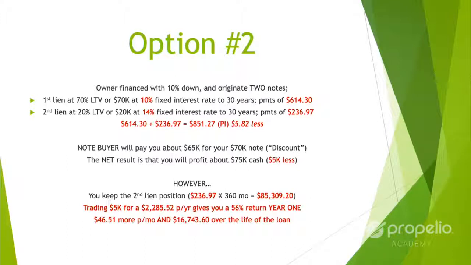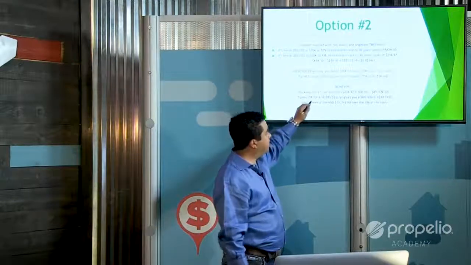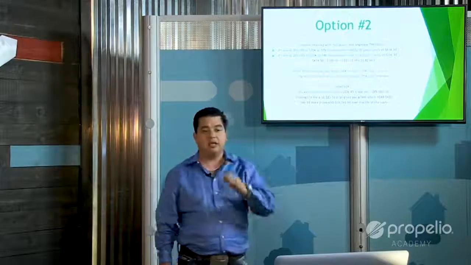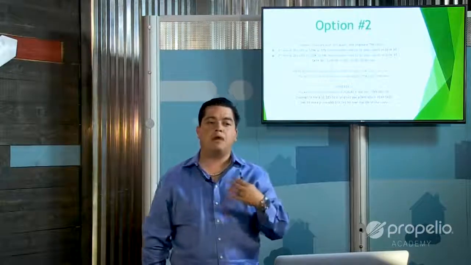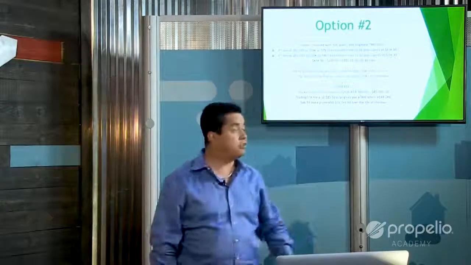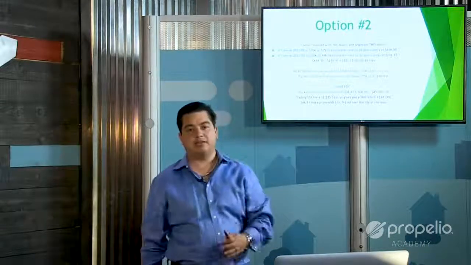So the question becomes, you as an investor, by doing this simple tweak to the structure, are you comfortable trading $5,000 for $2,285 per year, giving you now a return of 56% on year one? On year one. And then trading those $5,000 for $85,000 in 30 years.